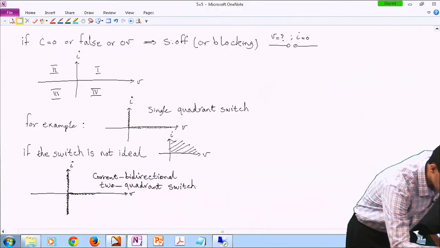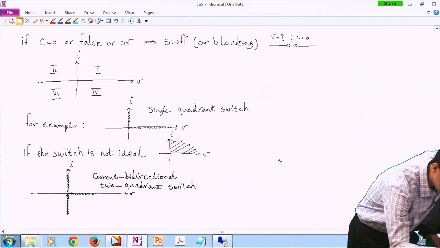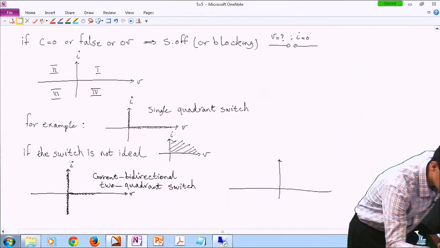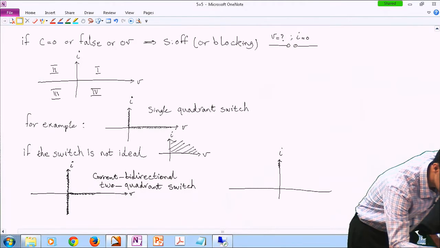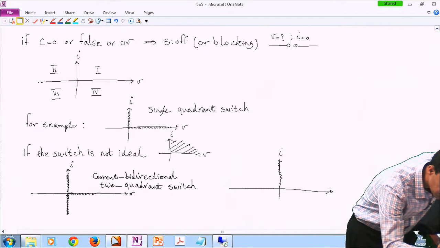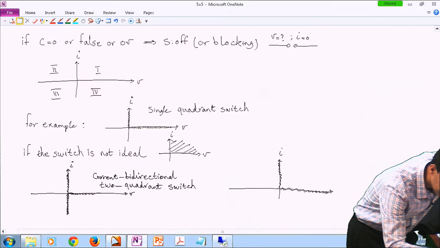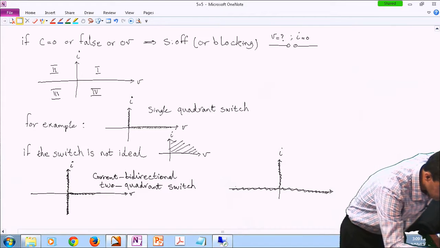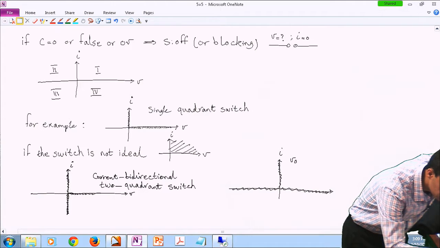Now, if your switch is only conducting positive currents, but it is required to block both positive and negative voltages, then we are looking at a voltage bidirectional switch.